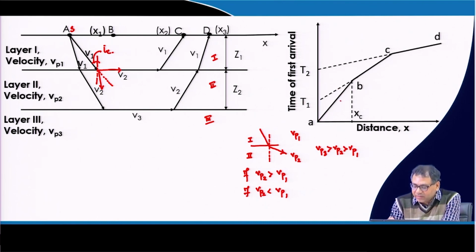This is the layer 1 velocity, this is the layer 2 velocity, and this is the layer 3 velocity. The slope of this curve will give us 1 over the velocity of each layer. This slope is 1 by Vp2, and this is 1 by Vp3.